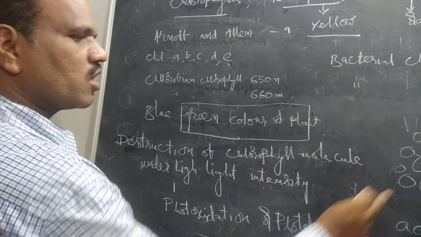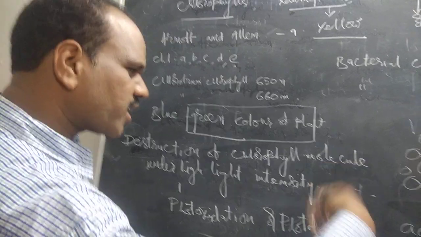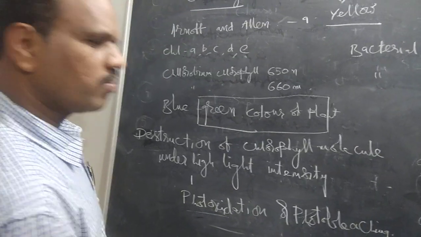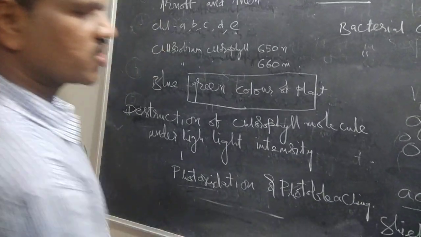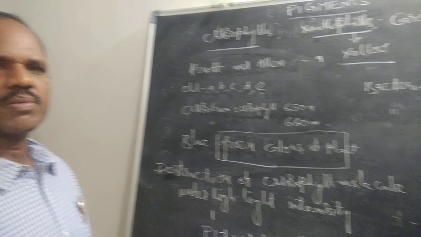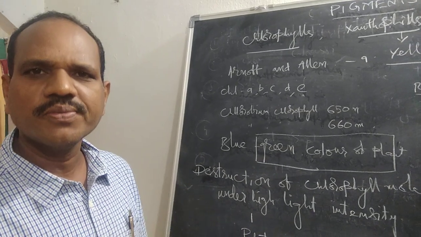Chlorophyll B, xanthophylls and carotenoids protect chlorophyll A from photooxidation or photobleaching. That's why these pigments are called shield pigments. Along with chlorophyll A, the remaining pigments also participate in photosynthesis.